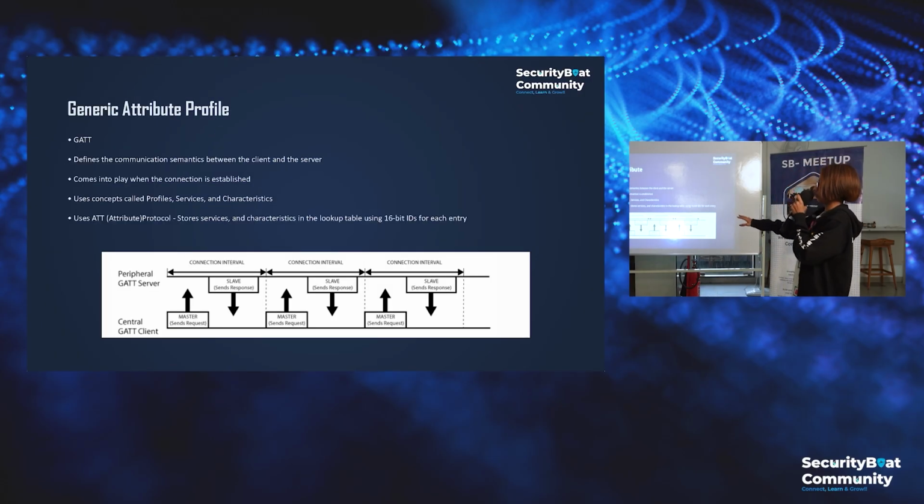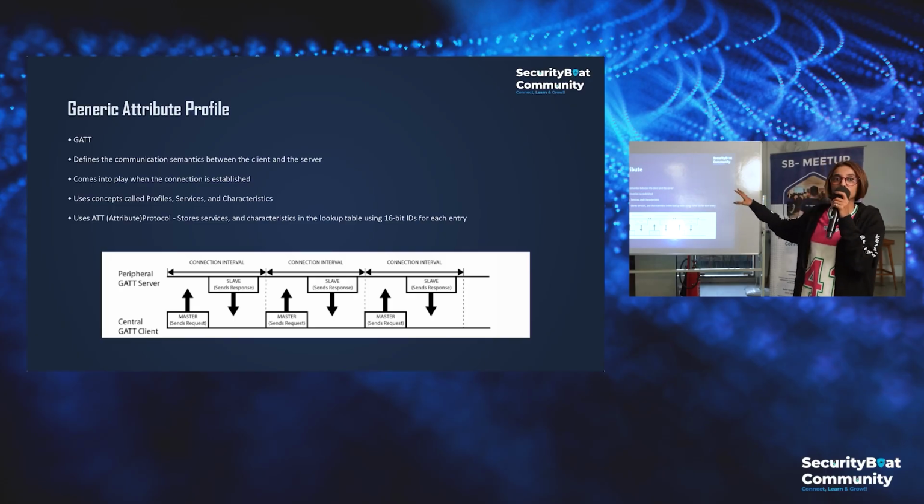Now the GATT protocol. GATT is generic attribute protocol. Why this is important, I'll tell you again a little later. I'll show you how and why this is important. This defines the communication semantics between a client and server. So basically it's like a rule book: how your data should go from one device to another, in what format.